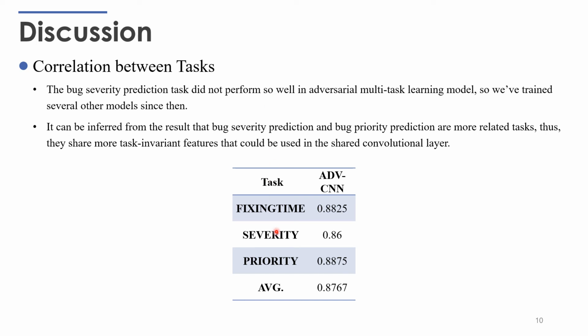And as you can see here, when we add the priority into the multitask learning model and train these three tasks together, the accuracy of the severity task has improved almost 10%. That's a very huge improvement. And it can be inferred from this result that the bug severity prediction and bug priority prediction are more related tasks, which means that they share more task invariant features that can be extracted by the shared convolutional layer.